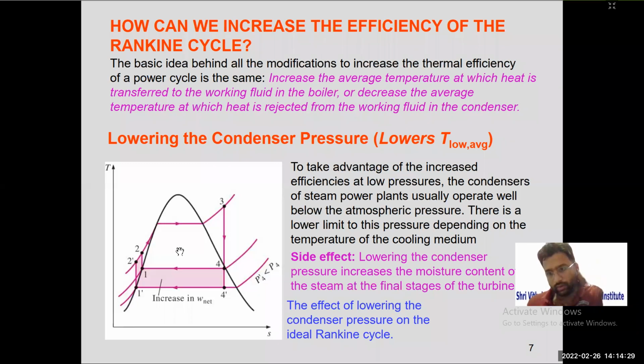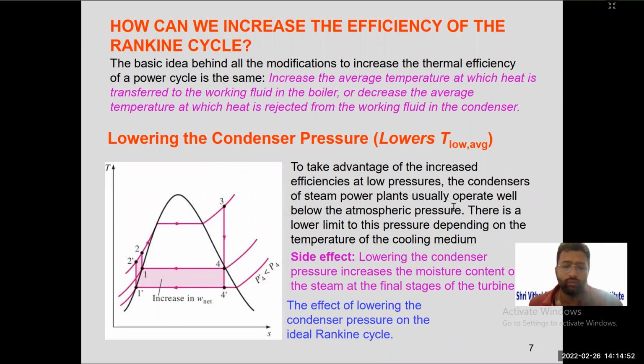Either you increase the mean temperature of heat addition, or you decrease the temperature of condenser. The first one here is lowering the condenser pressure. Okay. So to take advantage of increased efficiency at low pressures, the condensers of steam power plants usually operate well below the atmospheric pressure.